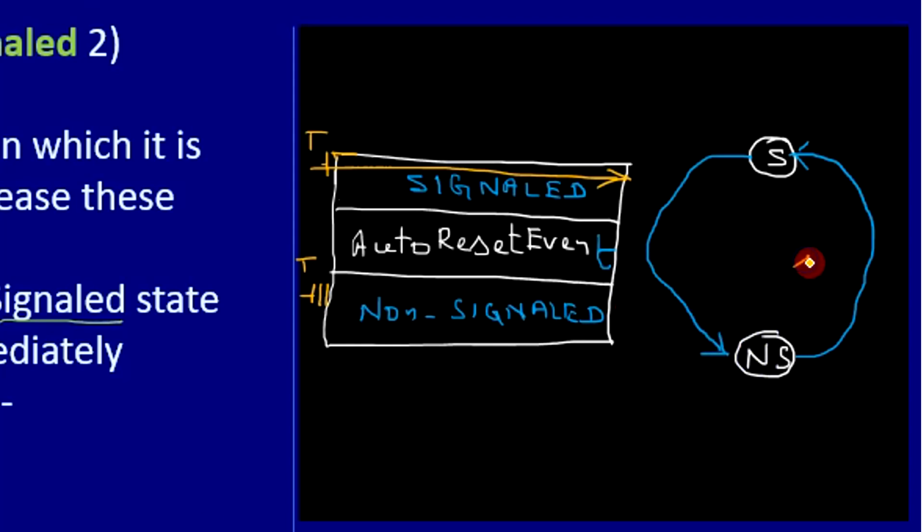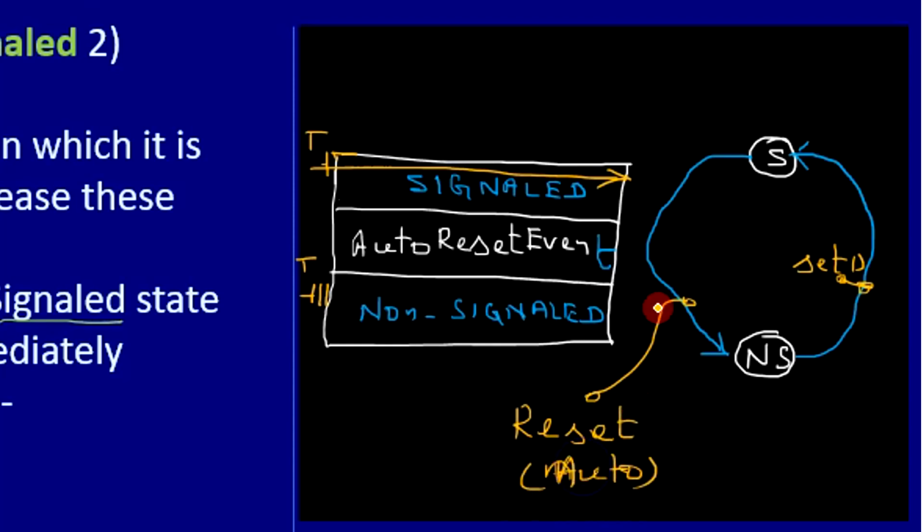So by making a call to the Set method, you can move the AutoResetEvent object from non-signaled state to signaled state. So reset will happen automatically. So the object immediately moves from signaled to non-signaled state.